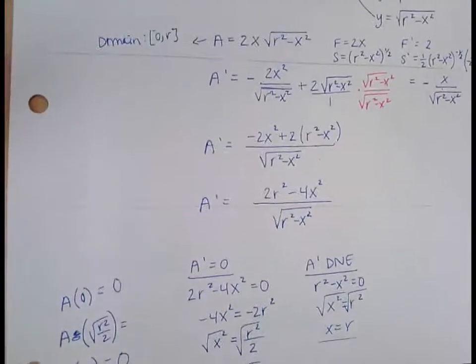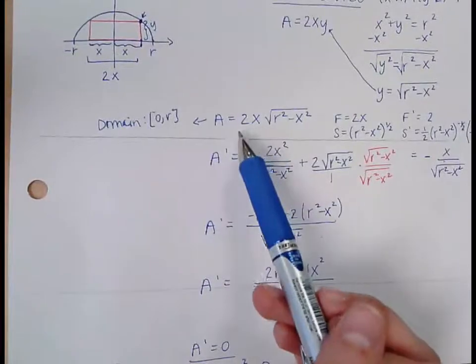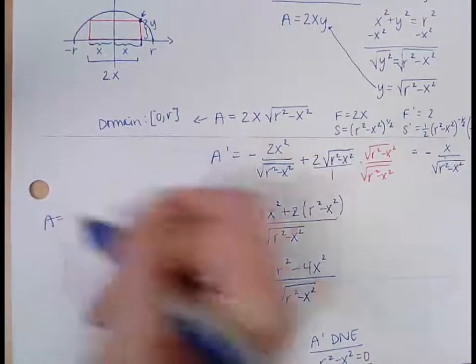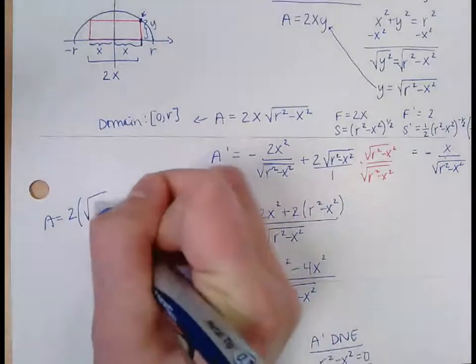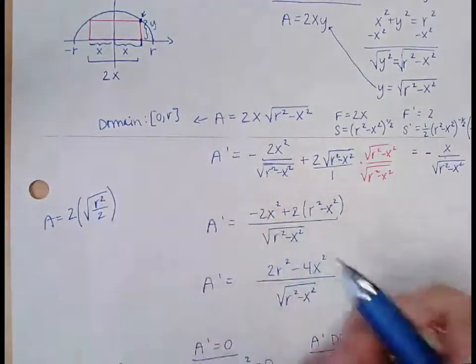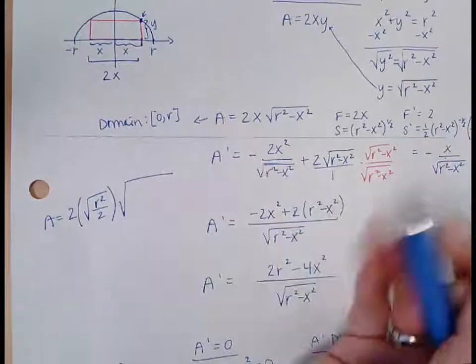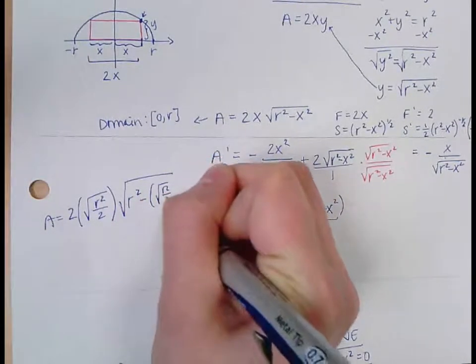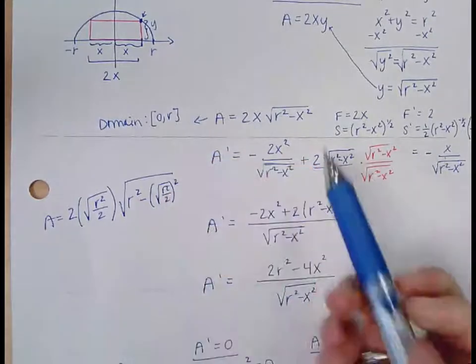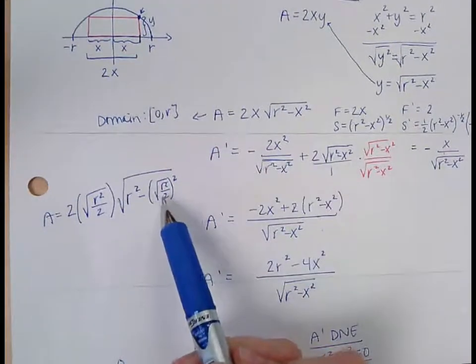So I'm going to plug this in and show this work up here. The area is going to be 2 times the square root of r squared over 2, times the square root of r squared minus the square root of r squared over 2, squared. So I'm plugging in the square root of r squared over 2 for x.